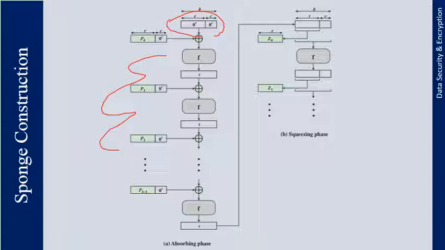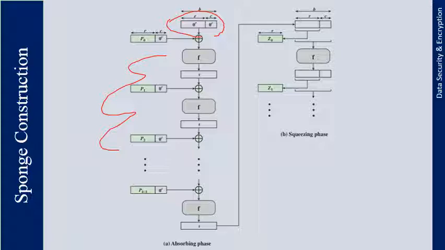The value of r is called the bit rate. This value is the block size used to partition the input message. The term bit rate reflects the fact that r is the number of bits processed at each iteration. The larger the value of r, the greater the rate at which the message bits are processed by the sponge.